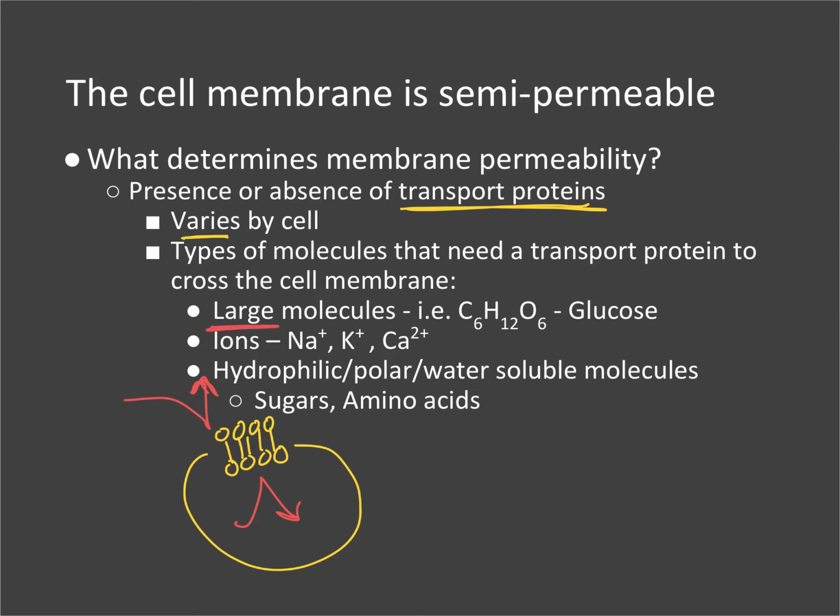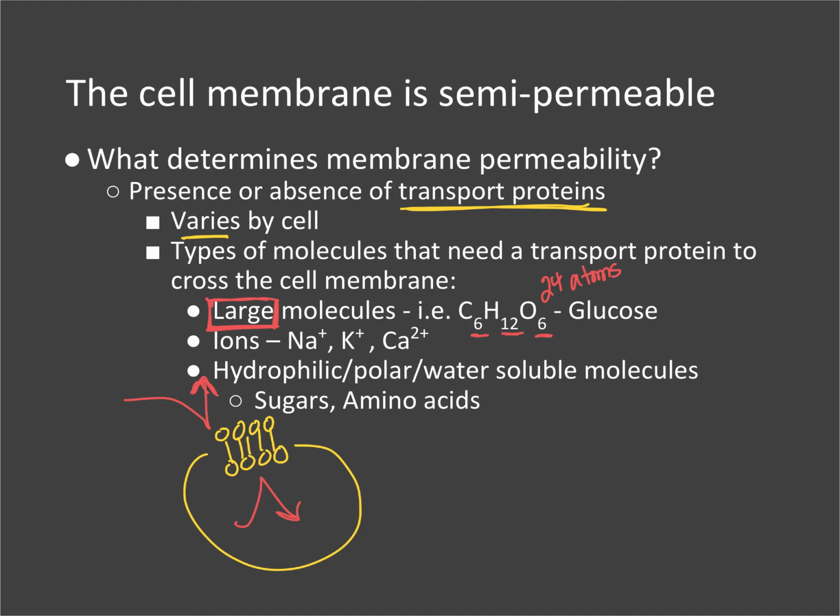So things like glucose. Glucose is made out of 12 hydrogen atoms, 6 oxygen atoms, and 6 carbon atoms. So that's 24 atoms. So that's a pretty big molecule. Also a lot of amino acids are kind of big. So just in general, big stuff needs some help getting across the cell membrane.